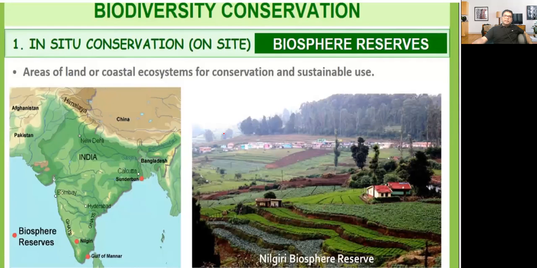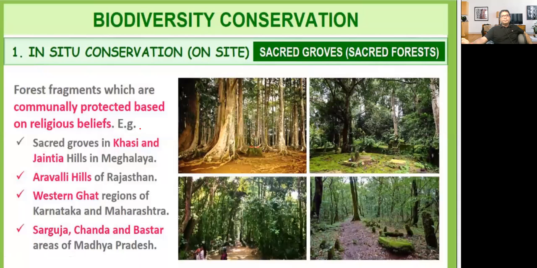Then biosphere reserve. Areas of land or coastal ecosystem for conservation and sustainable use, like Nilgiri Biosphere Reserve. Sacred groves or sacred forests are forest fragments which are communally protected based on religious belief.